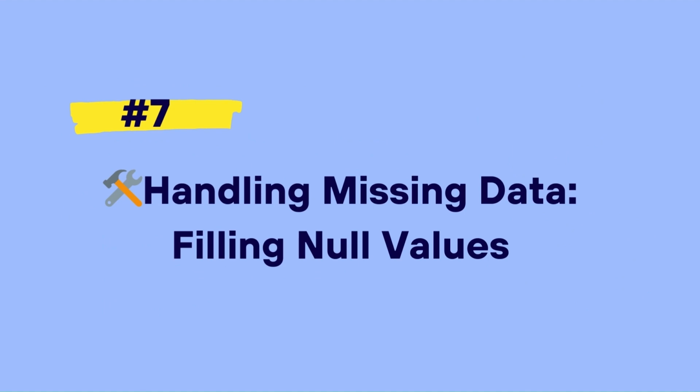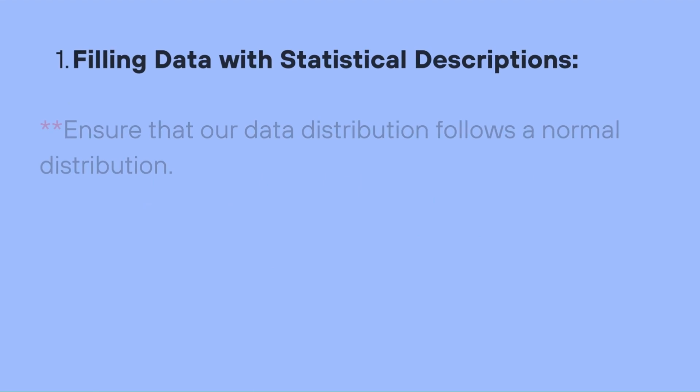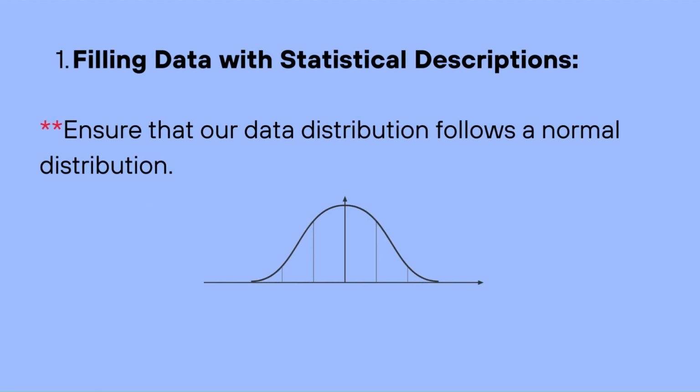Another method for handling missing data is to fill it with statistical descriptions of that data. To do so, we must ensure that our data distribution follows a normal distribution. If we don't, then we risk introducing bias to our dataset. This is the most common method out there. But what do we mean by replacing missing data through statistical descriptions?